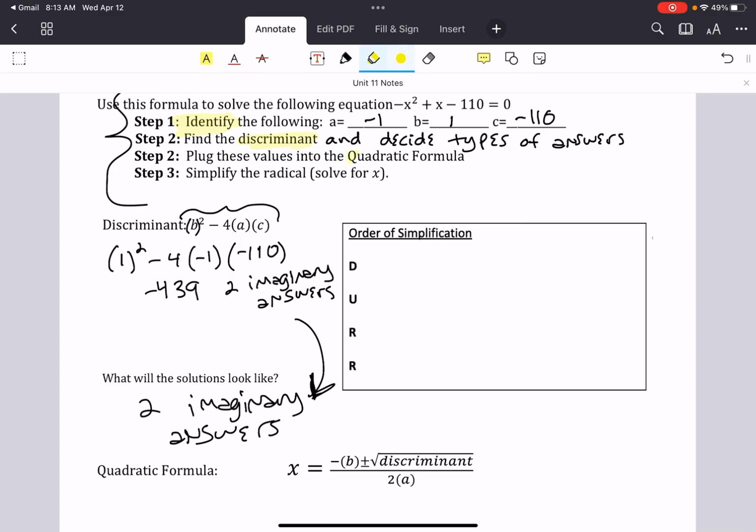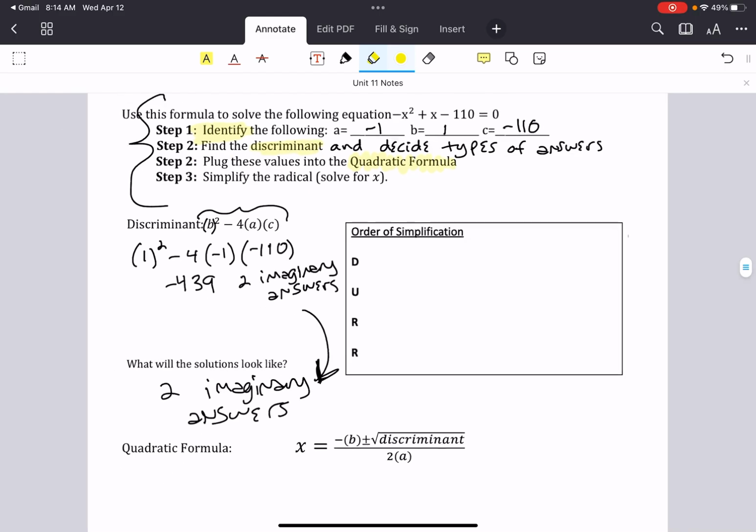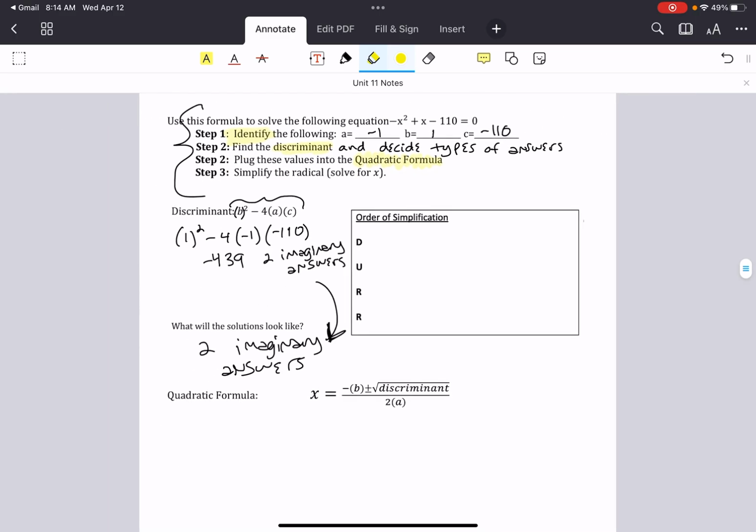Okay, so now we're ready for step 3, which is the rest of the quadratic formula. So x, oops, let's not do that. X equals negative b plus or minus the square root of our discriminant.